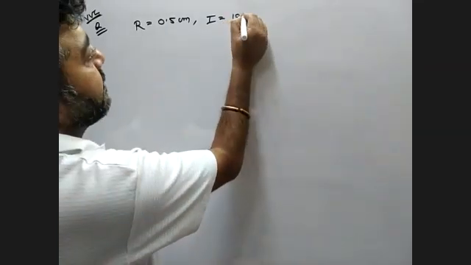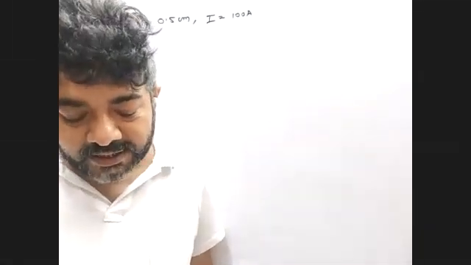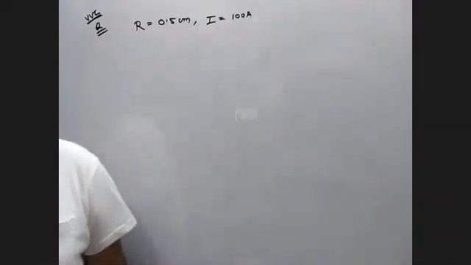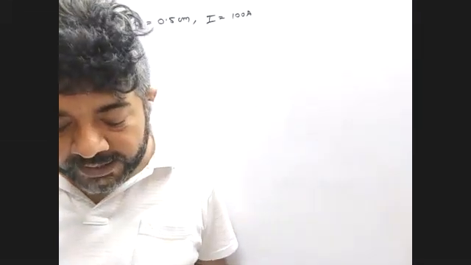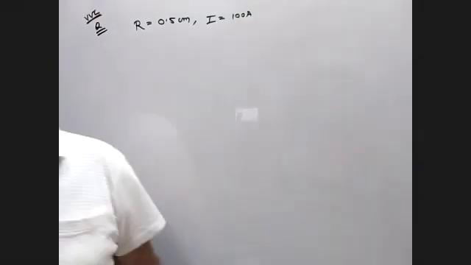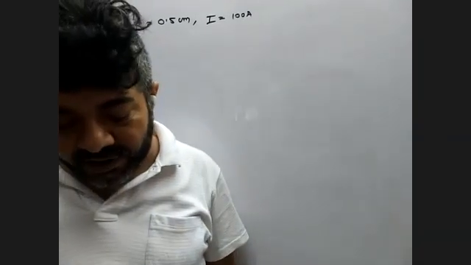A wire of radius 0.5 centimeter carries a current of 100 ampere, which is uniformly distributed over its cross section. This current is uniformly distributed over its cross section.